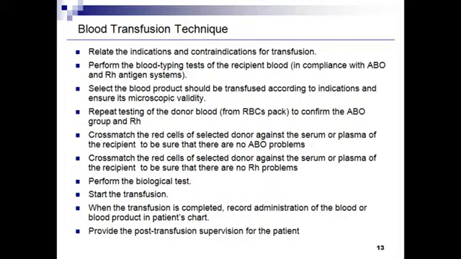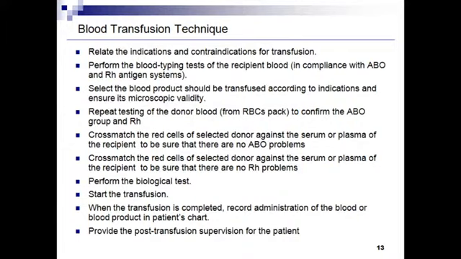Then we should perform blood typing tests of the recipient's blood in compliance with ABO and RH antigen systems, typing the patient's blood according to the ABO system and the Rhesus system. After that, we should select the blood products to be transfused according to indications and ensure their microscopic validity.